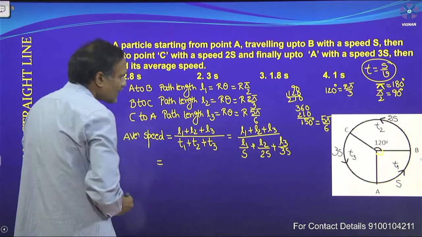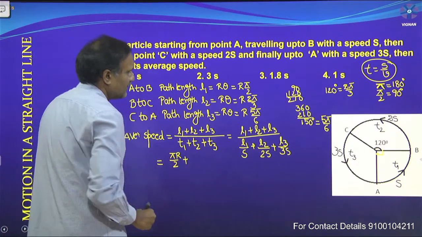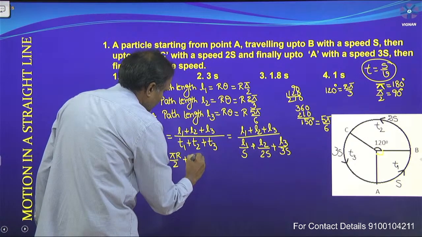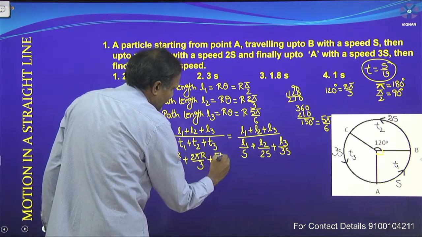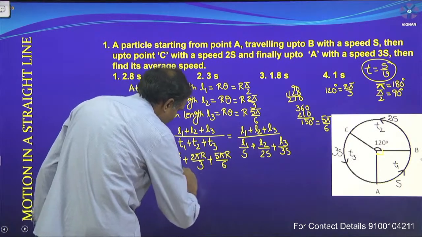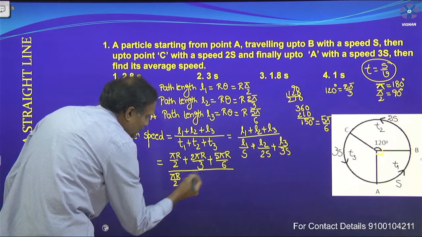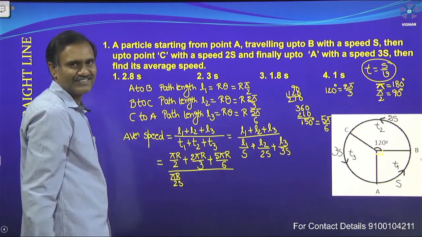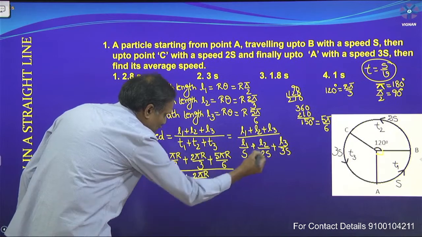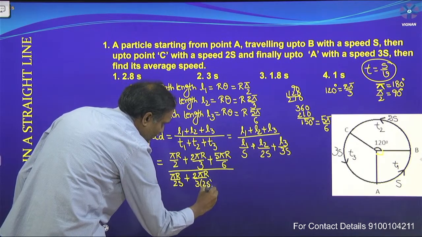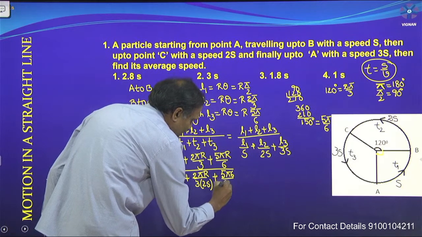L1 is pi r divided by 2, plus L2 is 2 pi r divided by 3, plus 5 pi r divided by 6, the whole divided by: L1, again pi r by 2 divided by s, it becomes s, plus L2, 2 pi r divided by 3 into 2s, plus L3, 5 pi r divided by 6 into 3s.